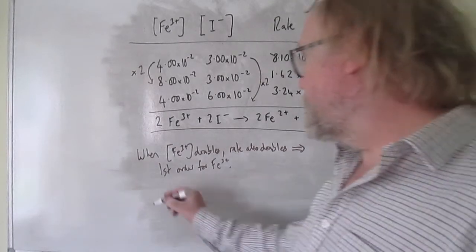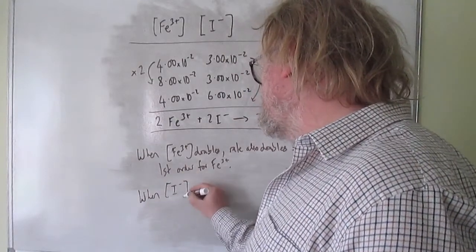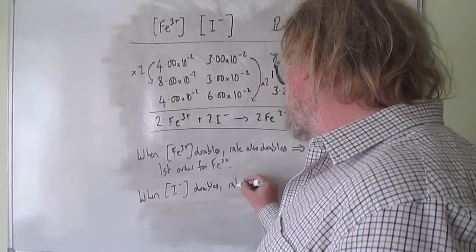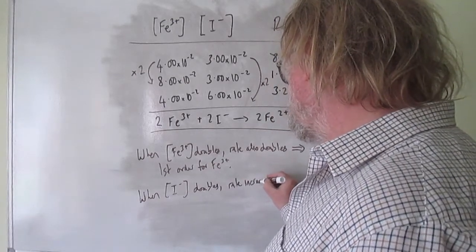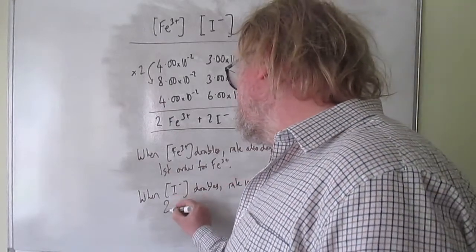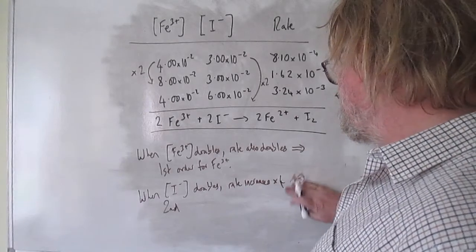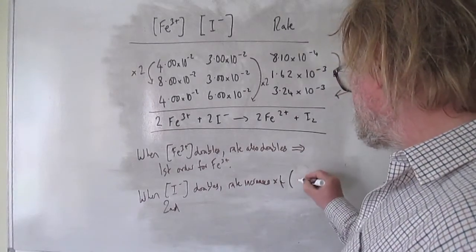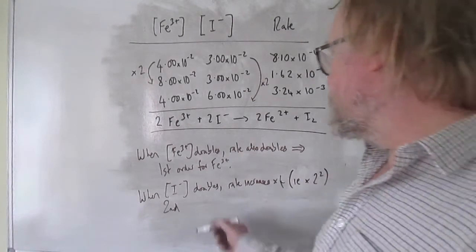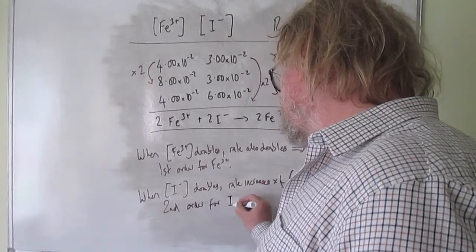And so you say that when I- doubles, the rate increases times 4, which means that it's second order, because it's changing with the square of the concentration. You could actually spell that out if you really wanted to. In other words, i.e. times 2 squared. So therefore it's second order for I-.